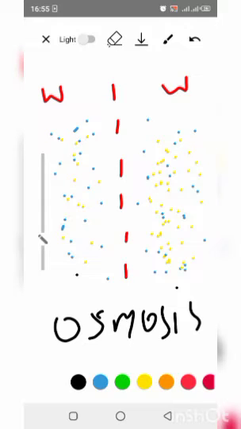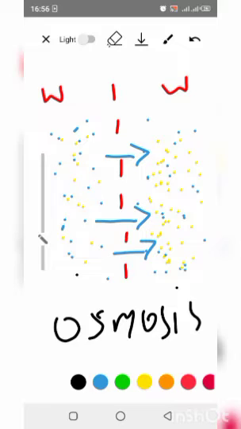What is going to happen is that these water molecules are going to start moving from this region of lower concentration to this region of higher concentration of solutes, or sugar or salt.